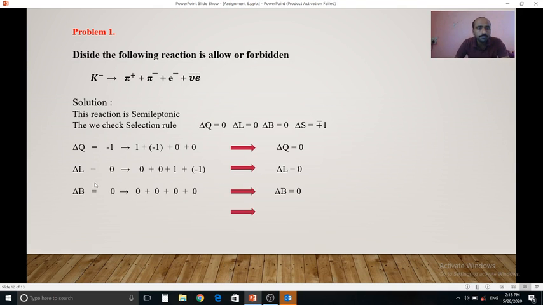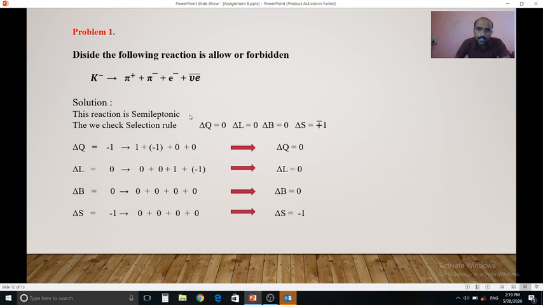That means del L is also conserved. Then del B, baryon, in the LHS and in the RHS, no baryons are present. That's why del B is also conserved. And del S: here K is a strange particle, and on the product side there is no strange particle, so del S is equal to minus 1.